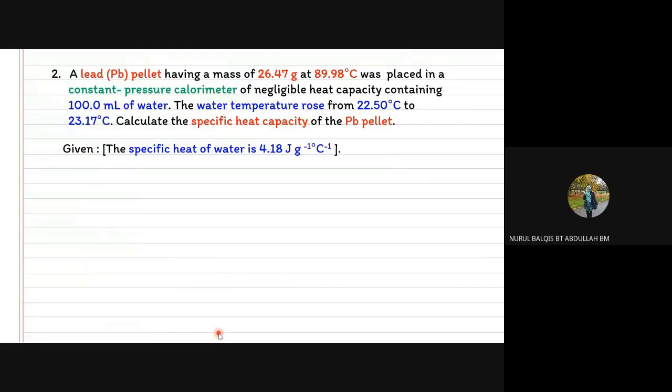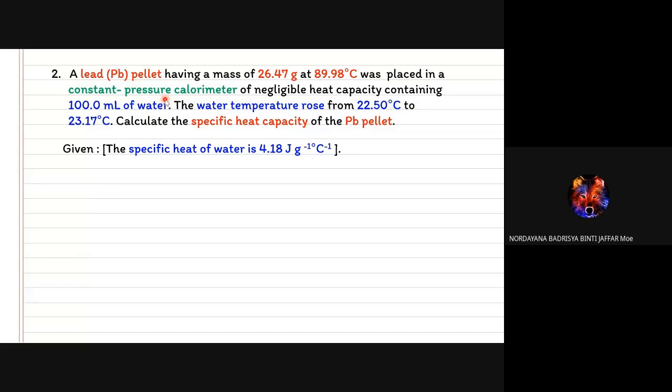Okay, for the second questions, a lead pellet having a mass of 26.47 gram at 89.98 degrees C was placed in a constant pressure calorimeter of negligible heat capacity containing 100 ml of water. Bila kita sebut constant pressure calorimeter, maksudnya kita ada tak setup of calorimeter? Ada.